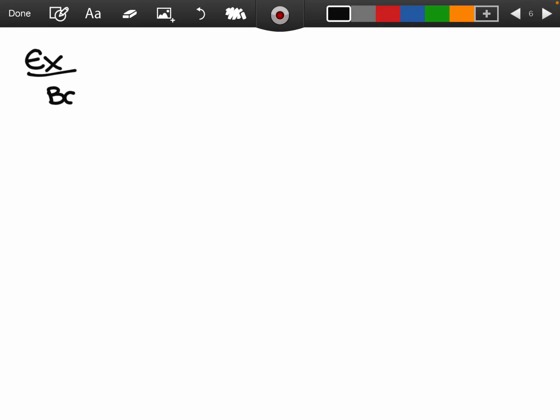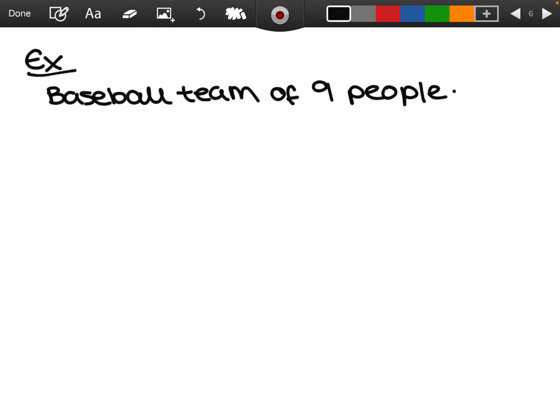Okay. In this particular example, they've got a baseball team of 9 people. How many possible ways can they arrange themselves to line up for a group picture?